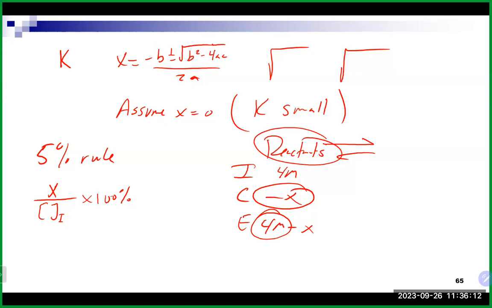If the x value is above 5%, then you need to go back and solve it another way, which for us probably means going into the quadratic. You can also just go into the quadratic without using the assumption, if you would rather just do the calculation. It should come out the same.